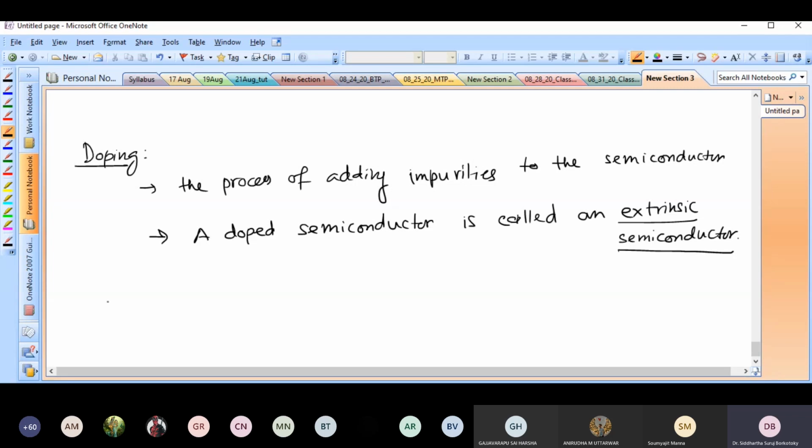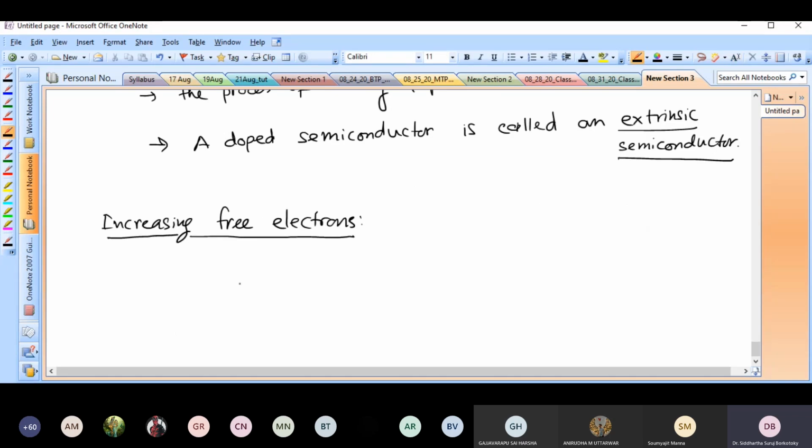What kind of impurity we add depends on whether we want to increase our concentration of free electrons or our concentration of holes. Suppose we want to increase the concentration of free electrons.